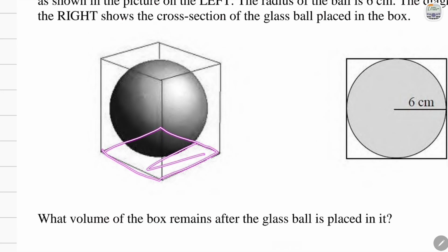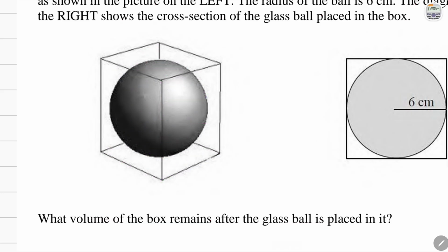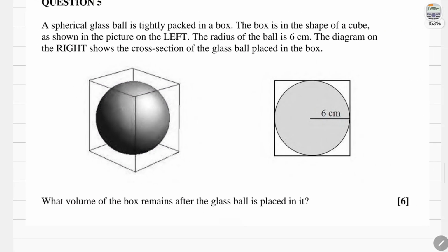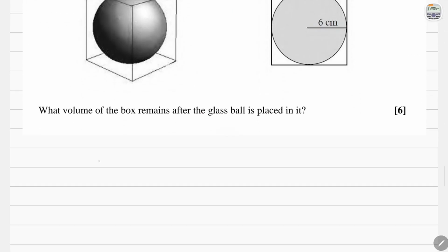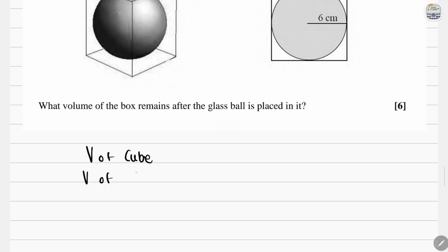If we find the volume of the cube, the space filled up in the entire cube, and then find the volume of the sphere, and subtract that from the volume of the cube, you would find the extra space that is left. And that's what we're going to do. So we're focusing on two things: the volume of the cube, and the volume of the sphere.